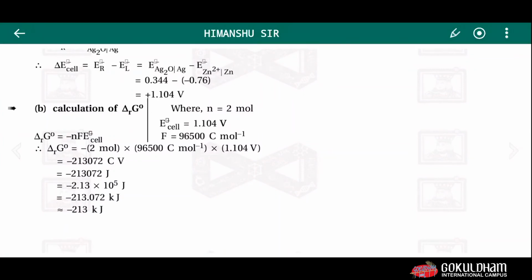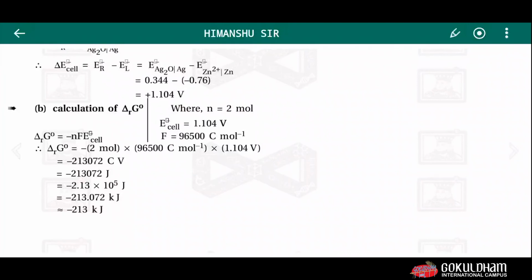delta rG0 is equal to minus nF E0 cell. The value of n is 2, Faraday is 96,500, and E0 cell is taken from the above calculation, that is 1.104 volt.